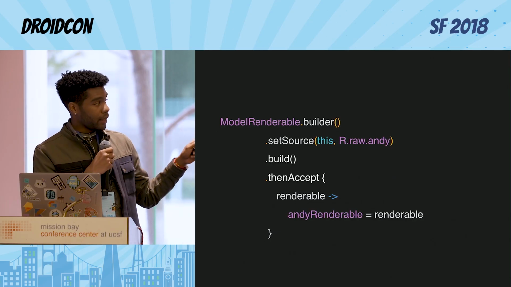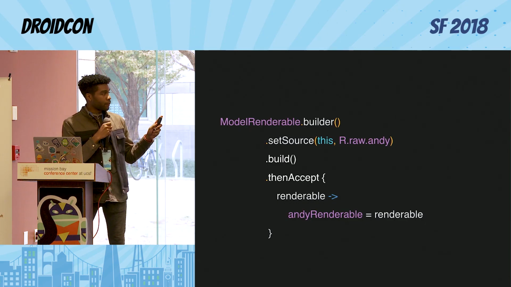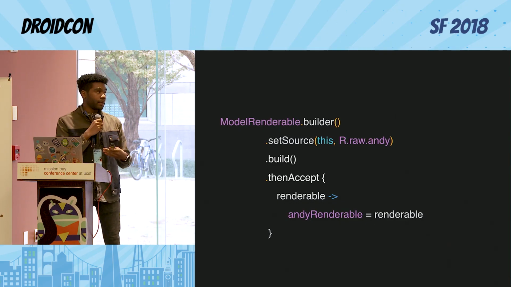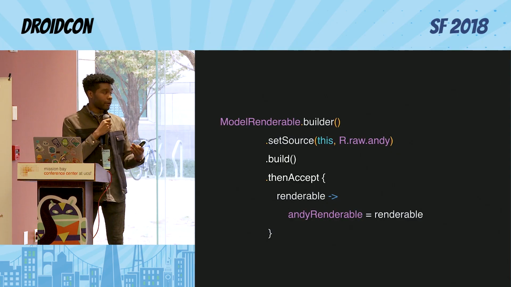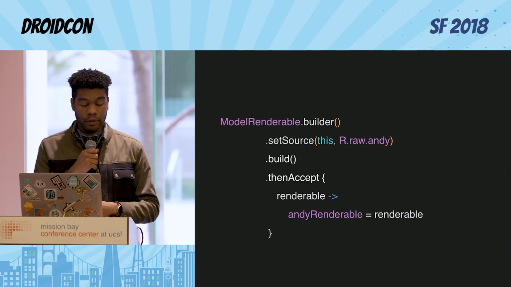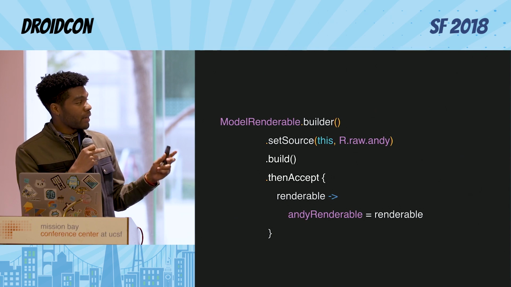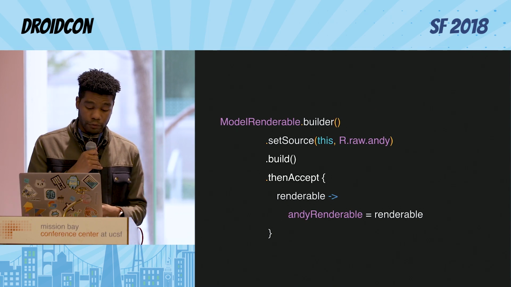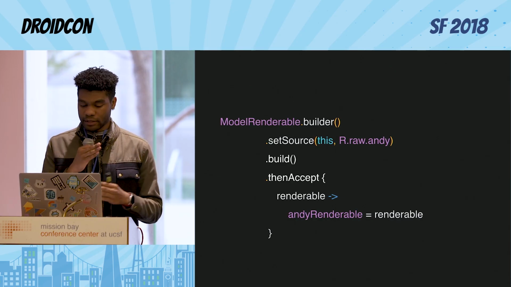This build function right here is really important in that it's going to automatically load the 3D model on a background thread for you, so you don't have to wrap this in any type of RX function or put it in a background thread yourself. And it's going to then return a completable future. If you aren't familiar with completable futures, they're really flexible, really powerful objects.